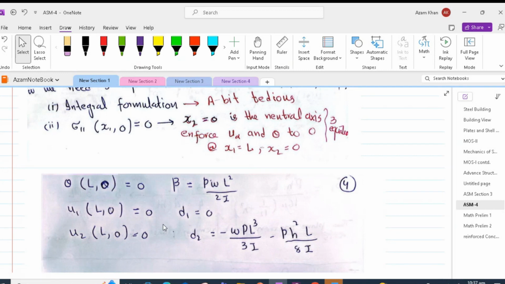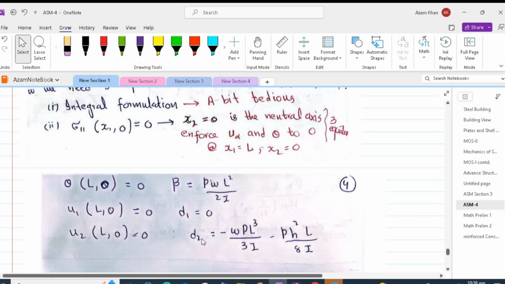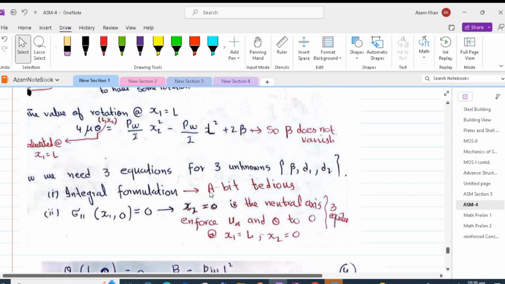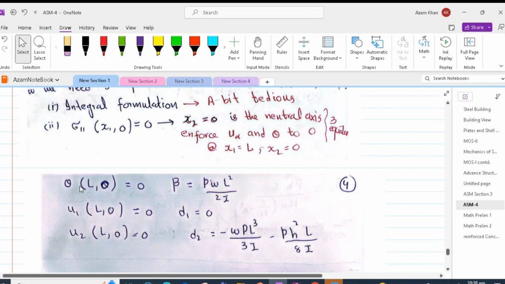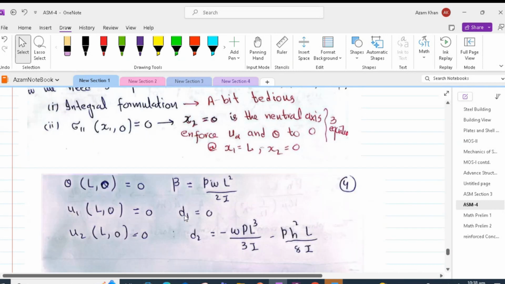is normally implemented. So we can put x2 equal to 0, which means that we just say that the neutral axis has to have beta, d1 and d2 equal to 0, and the other fibers above the neutral axis at the fixed end can rotate. If we put the values in the theta equation, making x2 equal to 0, we get beta equal to pwl square by 2I.